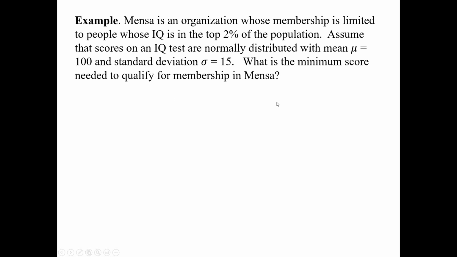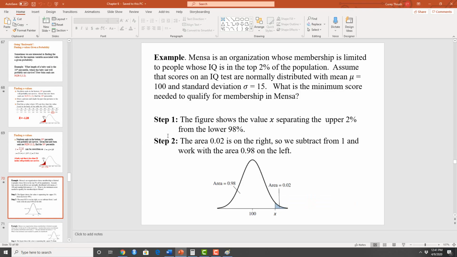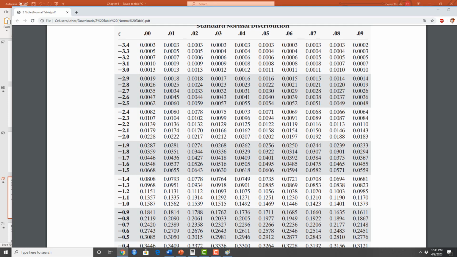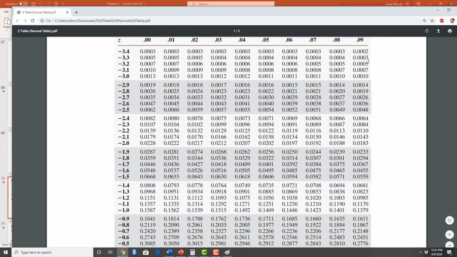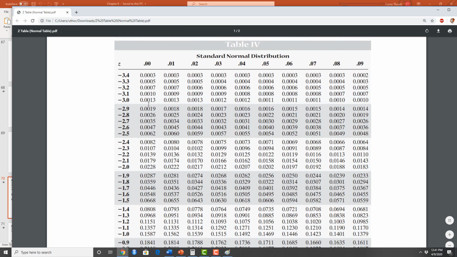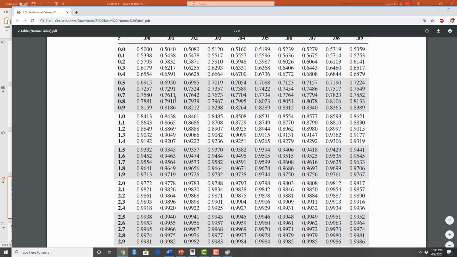What is the minimum score needed to qualify for membership in Mensa? So we need to figure out 2% in the table. So we look at this and remember that finding these.